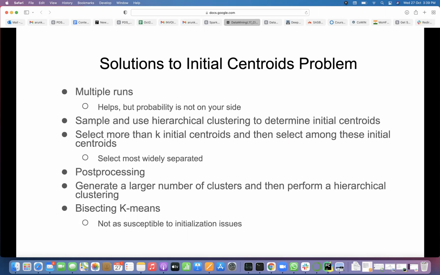So even if you do it according to the probability, you may not get even one run with good clustering, meaning 1 point belonging to each original cluster. That is one problem with multiple runs. Another solution: sample and use hierarchical clustering to determine initial centroids.